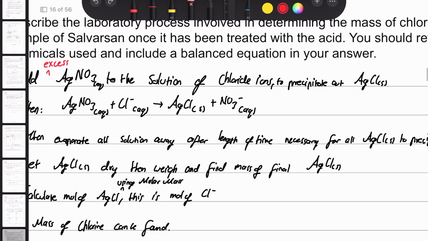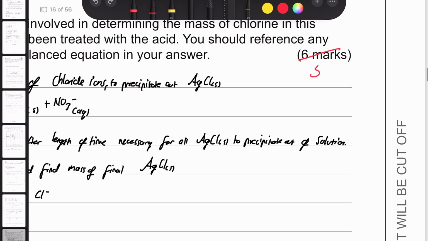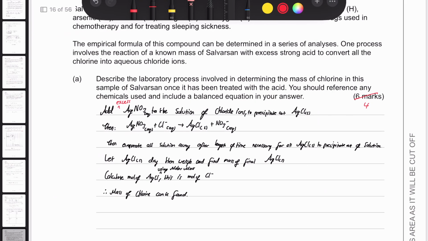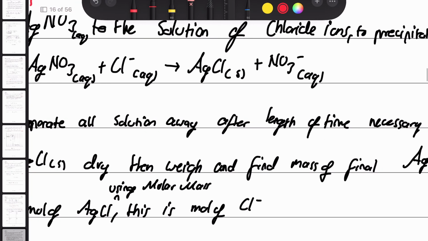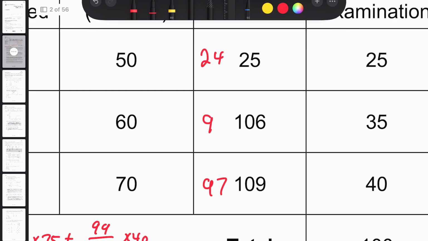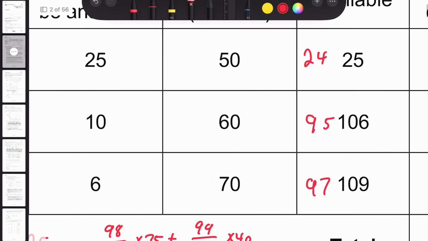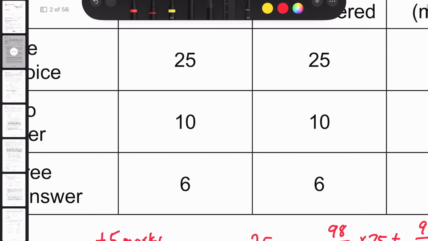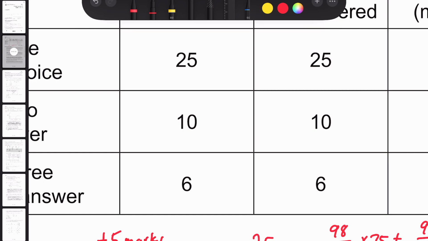Yeah, I feel like wash might be an important step. Maybe I'll knock off another mark. And wash. So that will be 95. This will be 97. Hopefully it doesn't change my mark too much.